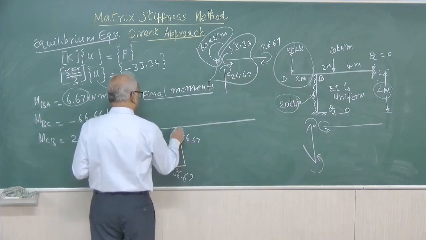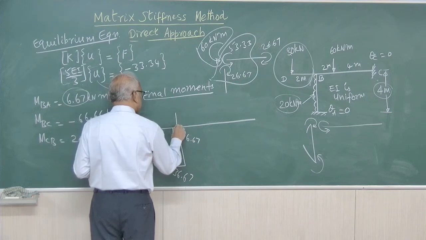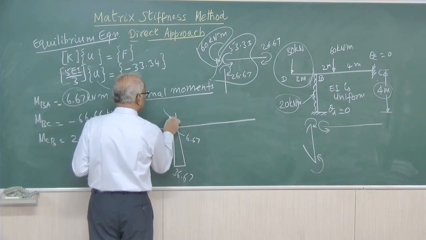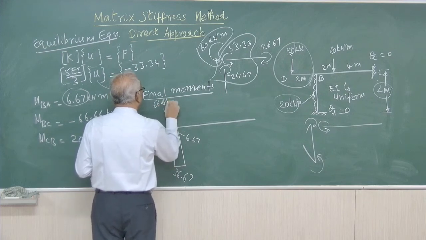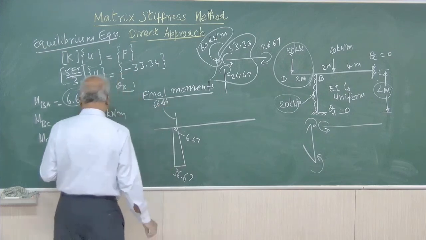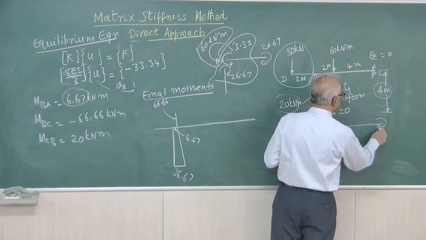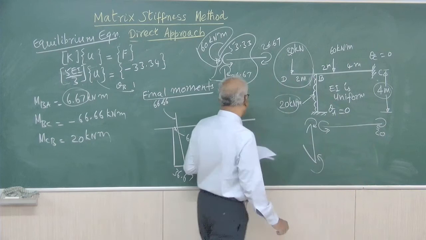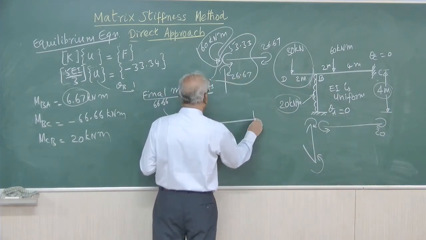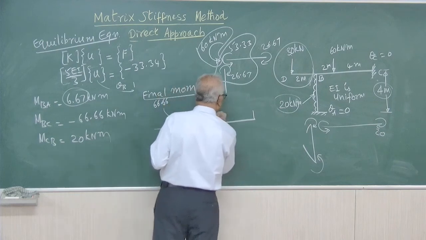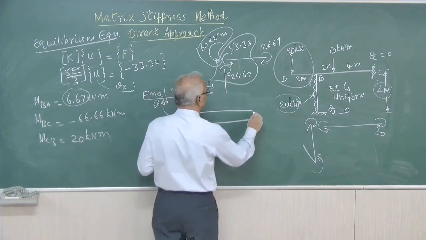Therefore, at B this value is 66.66, and here at C it is clockwise 20. Therefore, this again will cause tension at the top. This value is smaller. So this is the support moment diagram, and this value is 20.